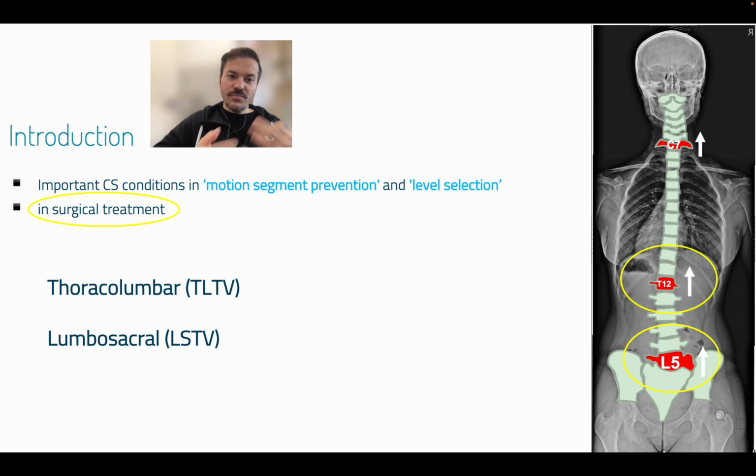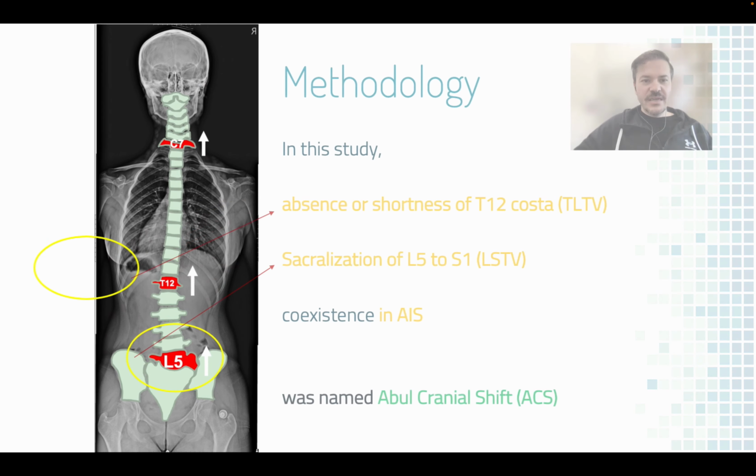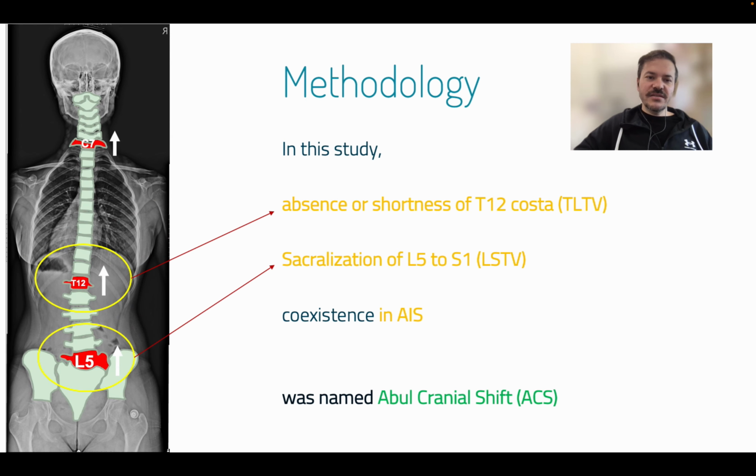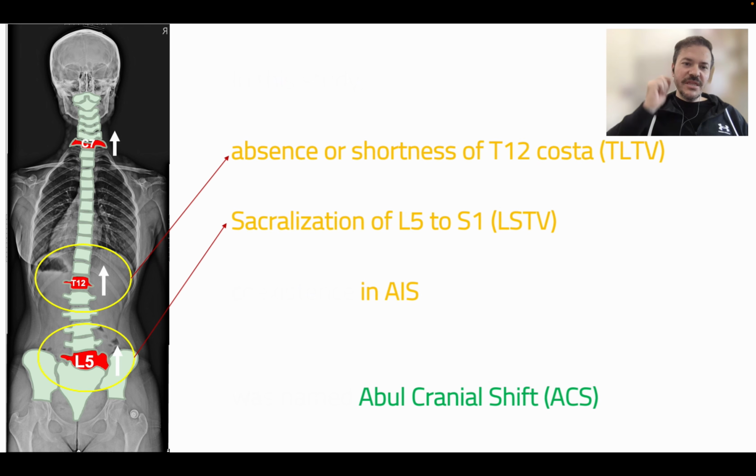So for motion segment preservation and level selection, it is important to see the thoracolumbar and lumbosacral regions together. And in this study, we called this phenomenon, I mean, absence or shortness of T12 costa as thoracolumbar transitional vertebra and sacralization of L5 to S1 vertebra together with scoliosis, we called it ABUL cranial shift phenomenon.